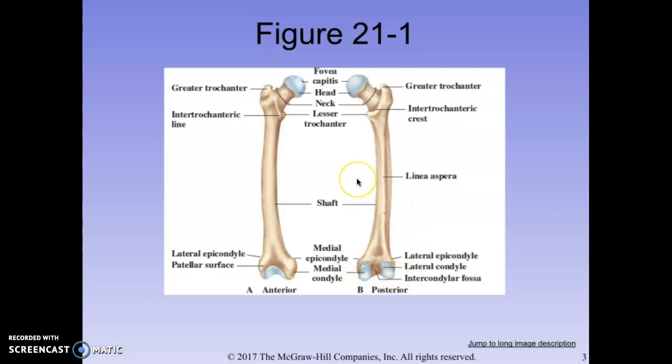Okay, but that's mainly what I want you to know. Femoral head, greater trochanter, femoral shaft. On the back here is the linea aspera, and that is attachment sites for posterior muscles like hamstrings and stuff. But those three are the main I want you to know. Greater trochanter on the outside here, femoral head, and then the femoral shaft. Okay.